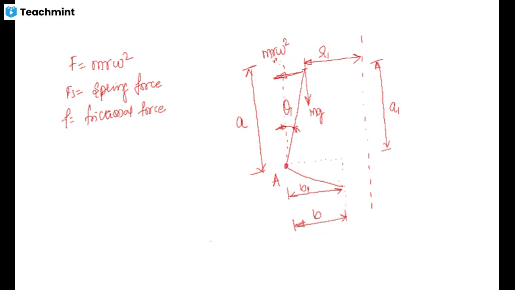Now the force which is acting near the sleeve position, at the end of this horizontal arm, is capital Mg plus Fs plus or minus f, divided by 2. In this case, capital M is the mass of sleeve.